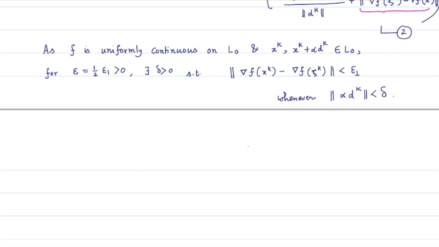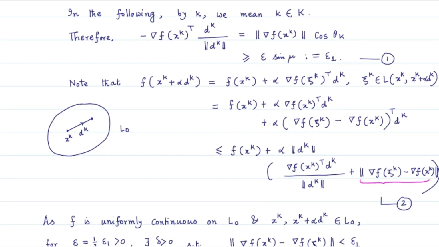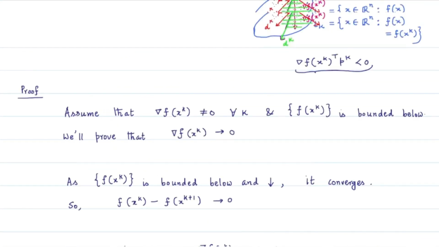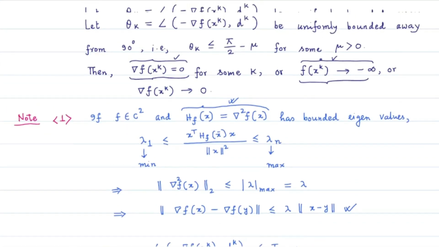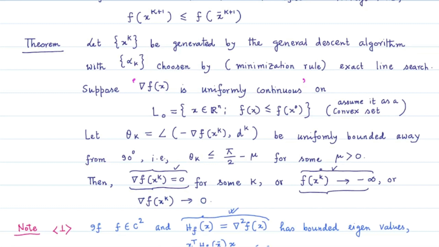Here we shall first show that when this alpha k is chosen in the algorithm with the exact minimization rule or exact line search, then with that alpha k we have this sequence alpha k norm dk converges to 0.